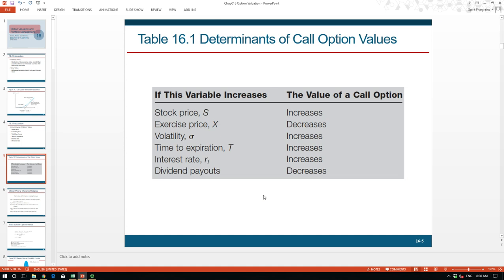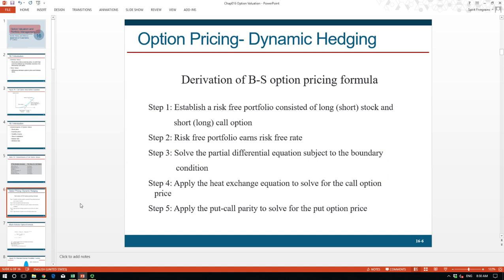So let's take a look at a well-known option pricing method called the Black-Scholes option pricing formula. This formula came from a research article by Dr. Black and Dr. Scholes back in the 1970s.